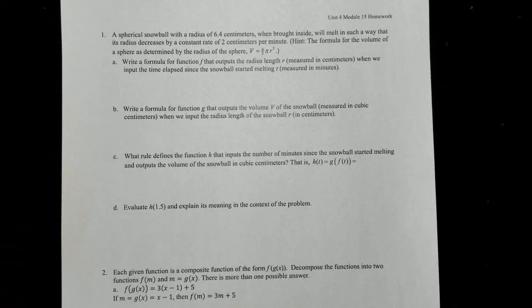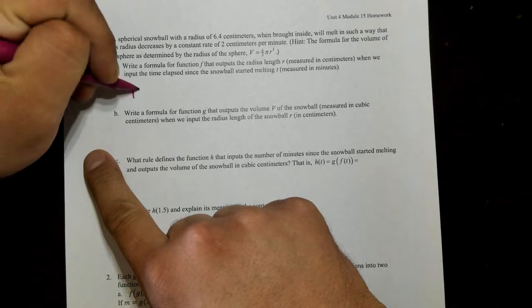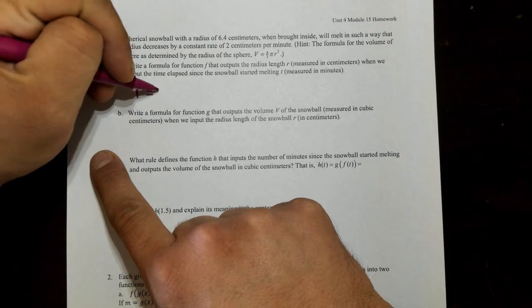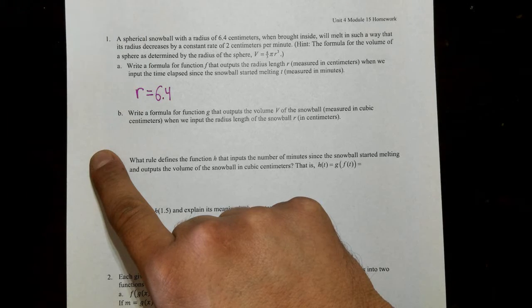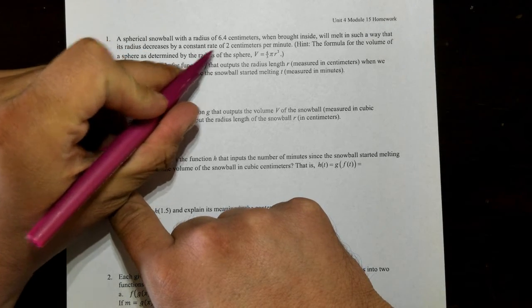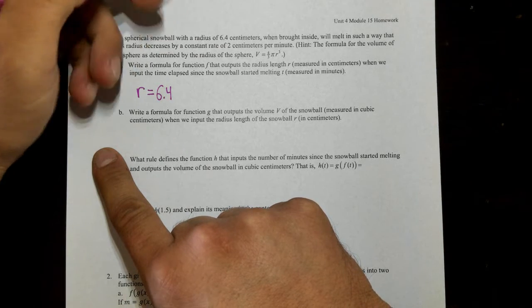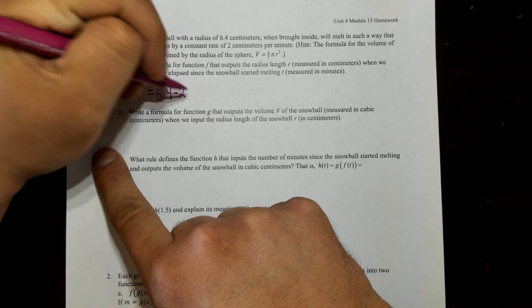Well, our radius is going to be equal to the original amount, 6.4 centimeters, and then it melts, it decreases by 2 centimeters per minute. So we're going to have 6.4 minus 2t.